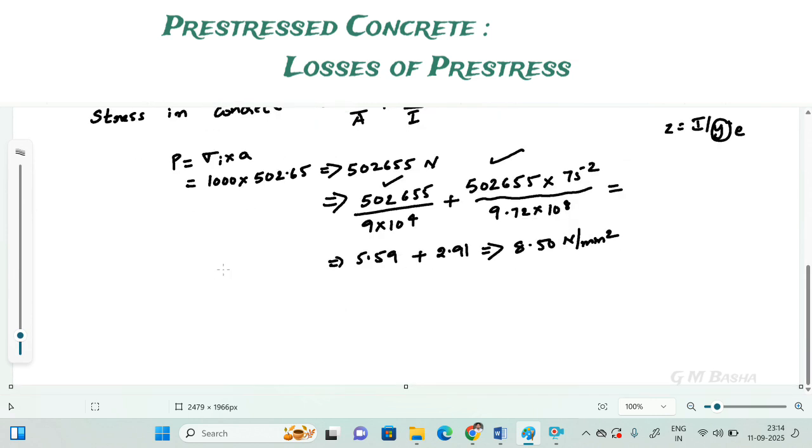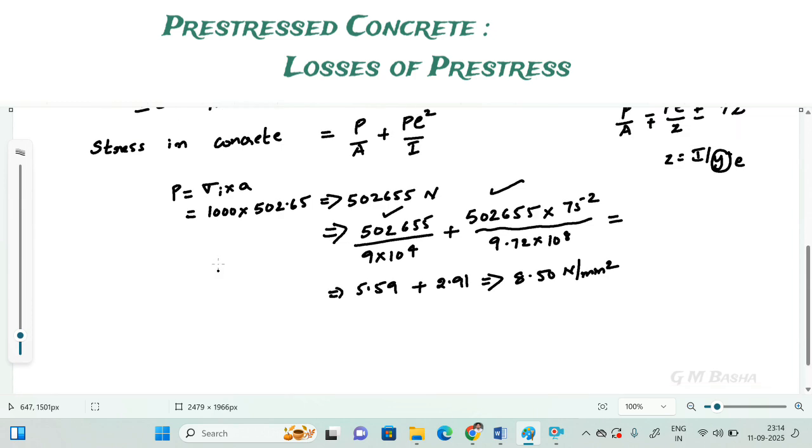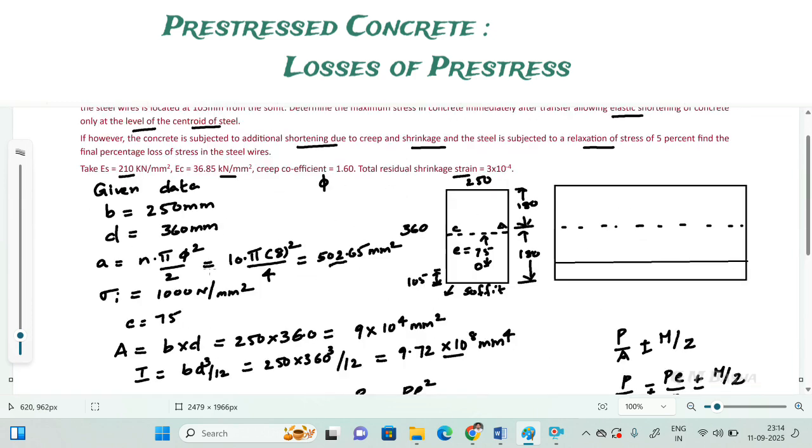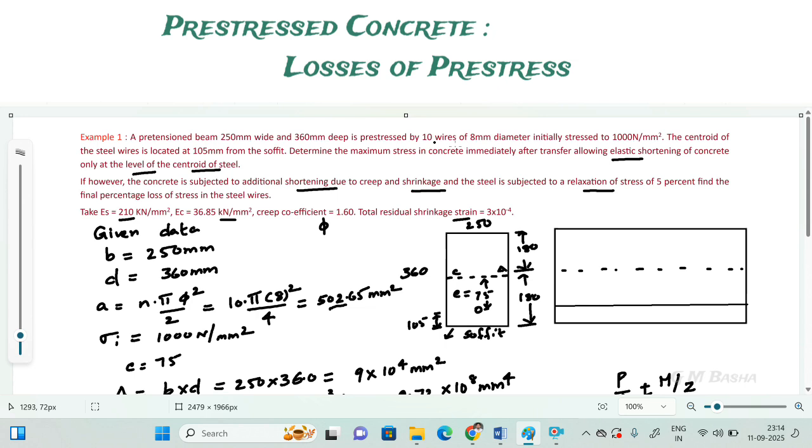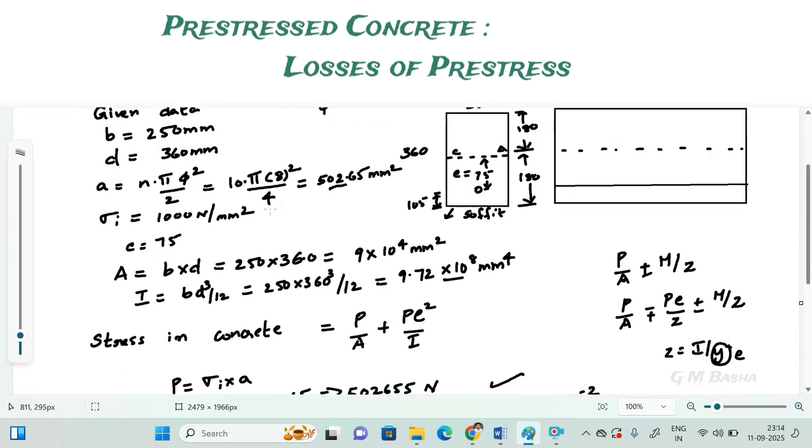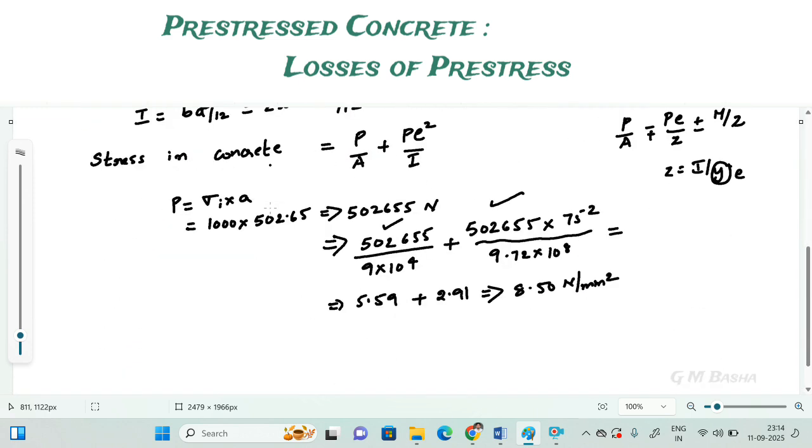So what is our next condition in the question? Once we find out the stress in the concrete, again they will ask, immediately after transfer, allowing elastic shortening only at the level of the centroid of the steel. See here, find out the loss of stress due to elastic shortening of the concrete.